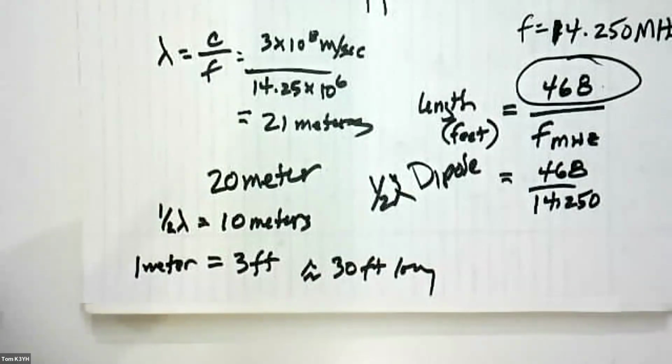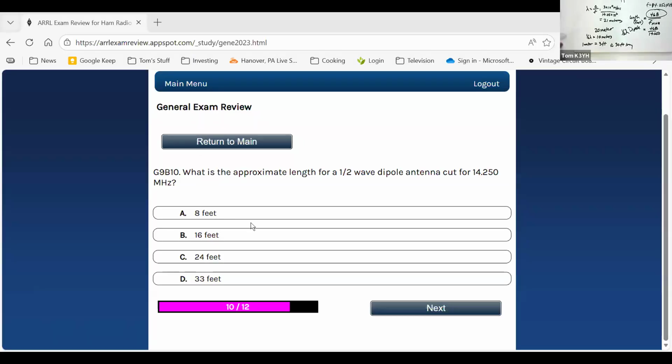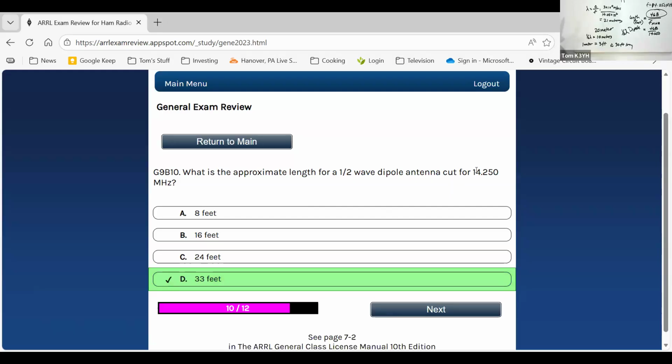Okay. So when you actually look at the question, what are the choices? 8, 16, 24, and 33. Well, we actually calculated 33, and that's the right answer. In my head, I said, oh, 14.250, that's 20 meters. Half of that is 10 meters. 10 meters is about 30 feet.